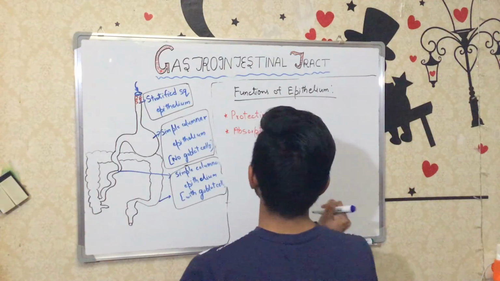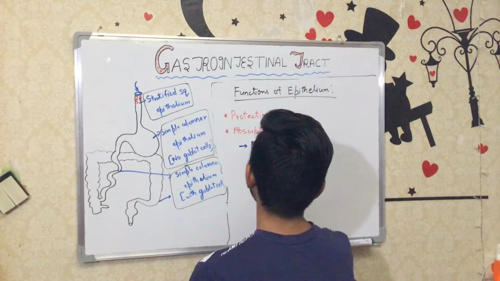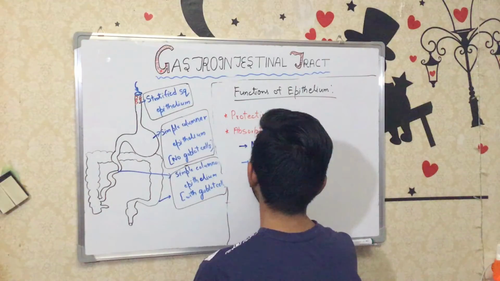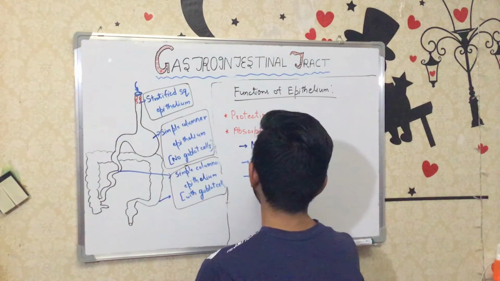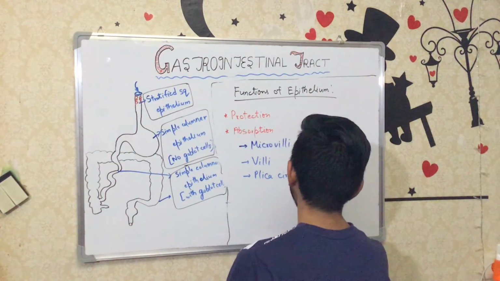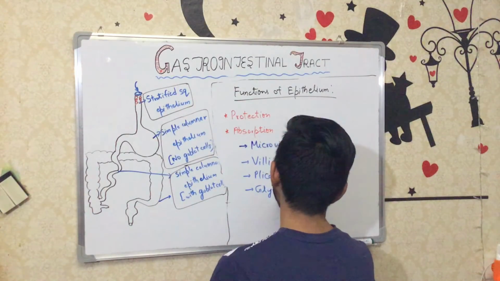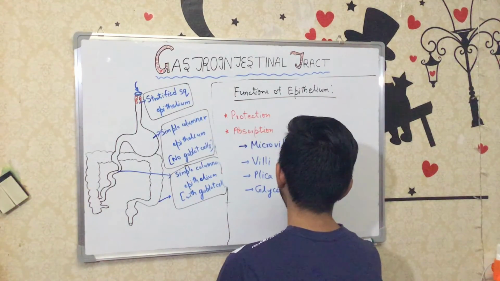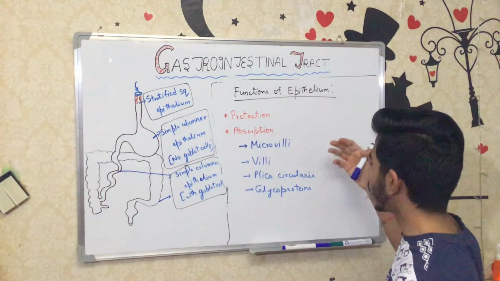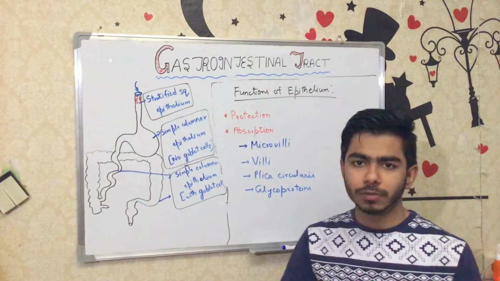In the absorption function, they have the microvilli, the villi, the plica circularis, and glycoproteins.